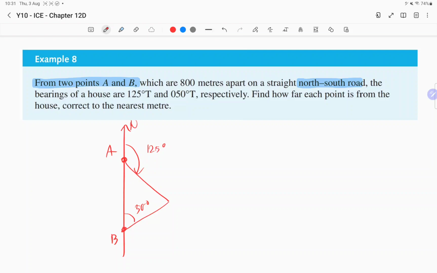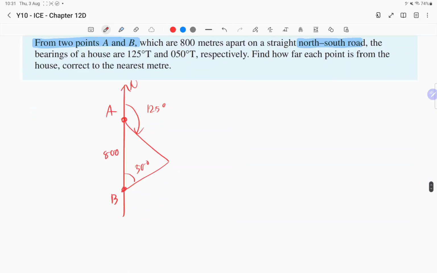All right, so find how far each point is from the house, correct to the nearest meter. A and B are 800 meters apart. This is one of those things where we can actually find out all the angles. So 125 degrees here means that this one here would be 180 minus that, and that would be 55 degrees. Then do we have all the angles? No, because that's the side, the opposite angle is this one, and we don't know this one.